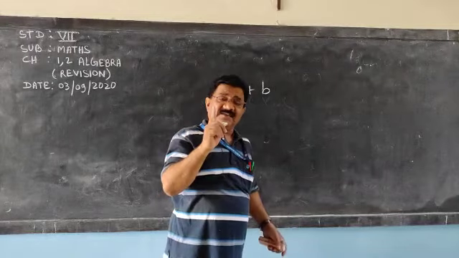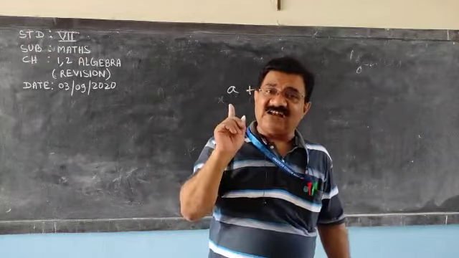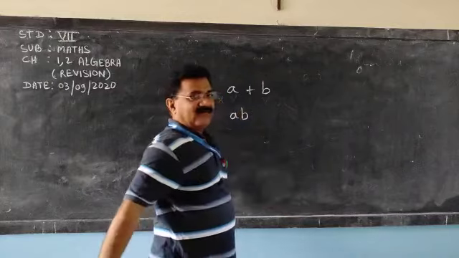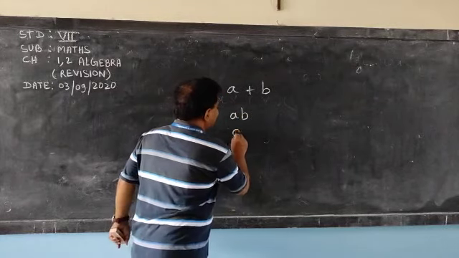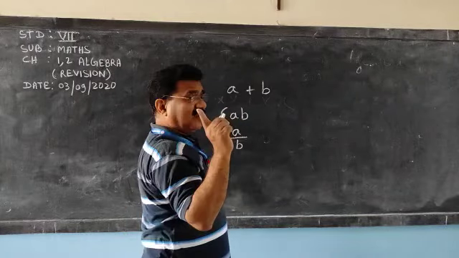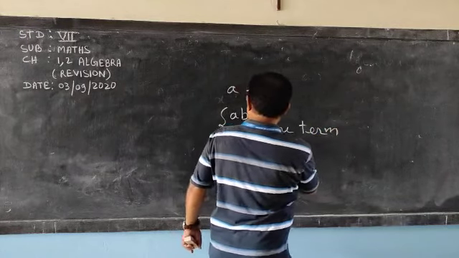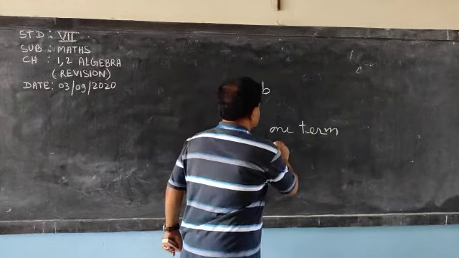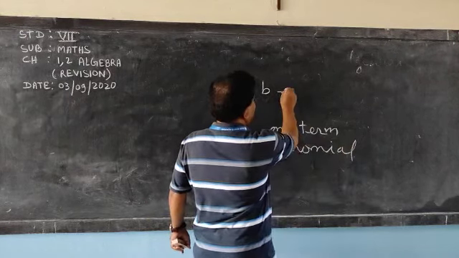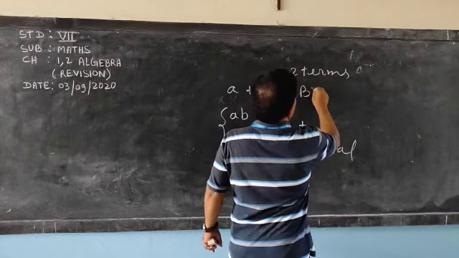Terms must be separated by plus or minus, not by multiplication and division. If we multiply this it will become ab, or if we divide this it will become this. So these are one term only. So it is monomial, and here it is two terms. So it is binomial.